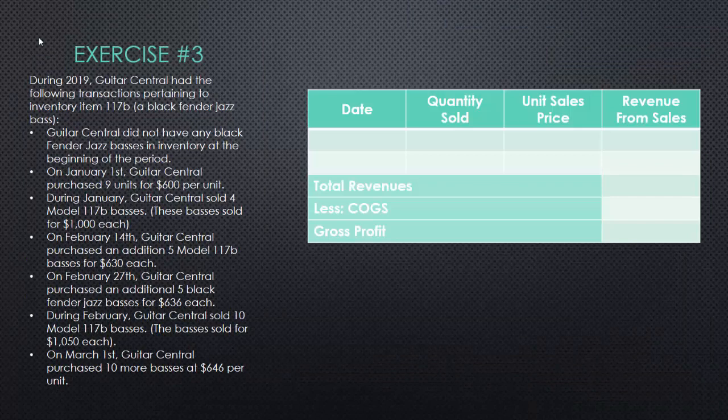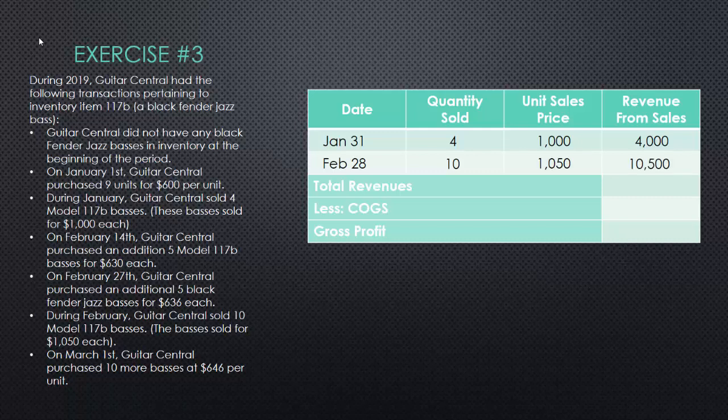So let's figure out gross profit for these particular models. On January 31st, we made a sale recognizing January sales of 4 bases, and our selling price, according to our information, was $1,000 a base, which means we would have made $4,000 in revenues. During February, we sold an additional 10 bases, and those bases were sold at a price of $1,050 a piece, which means we would have recognized revenues of $10,500.